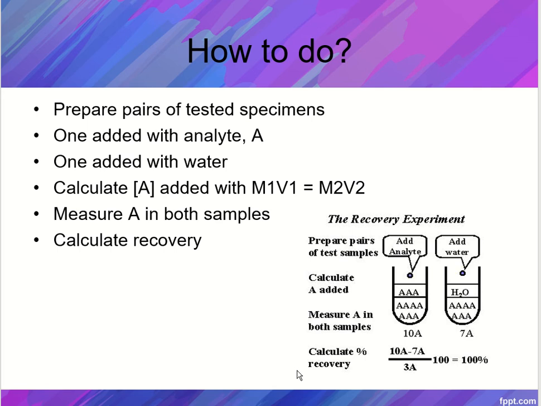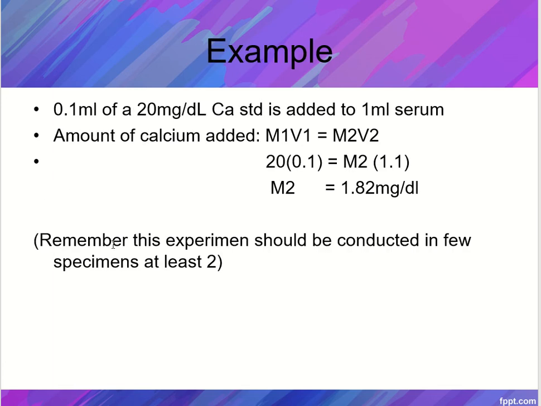So, how to calculate the recovery? Okay, let's go through this example. Let's say we want to test calcium. So we take the calcium standard: 0.1 ml of a 20 milligram per deciliter calcium standard is added to 1 ml serum. Remember, just 10% of the serum.